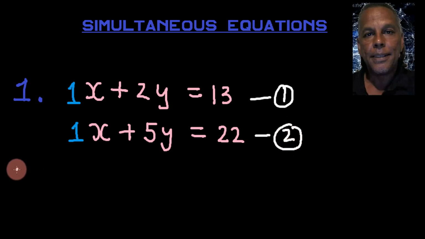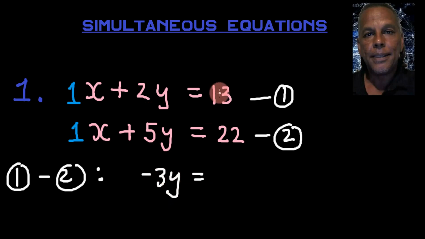Now we simply subtract equation 2 from equation 1. So we have x minus x is 0, so the x's cancel, and 2y minus 5y is negative 3y. Then 13 minus 22 is negative 9.